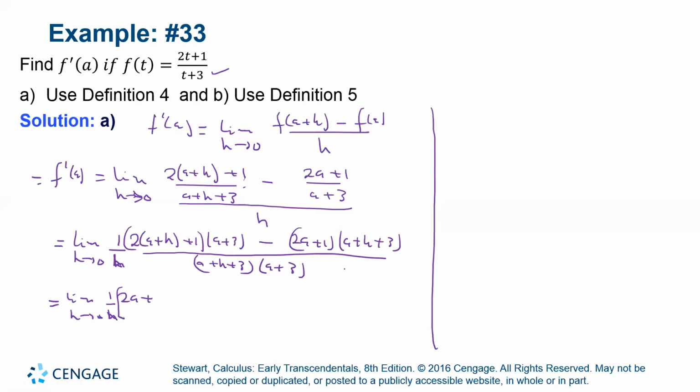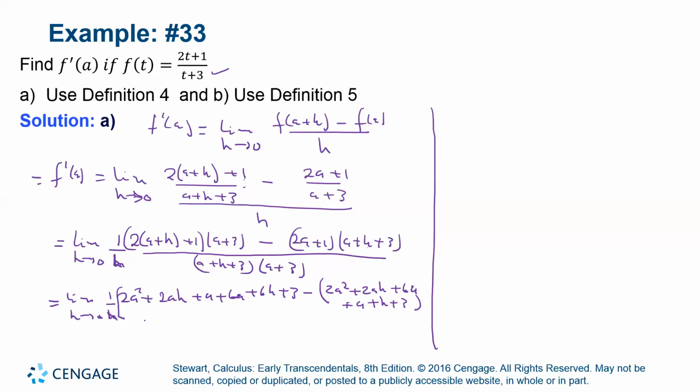If you do it carefully, you have the following: 2ah plus a, then plus 6a plus 6h plus 3, and then we're going to subtract, and we'll put that in parentheses, 2a squared, actually this is squared, not a, 2a squared plus 2ah, then plus 6a, then plus a plus h plus 3.